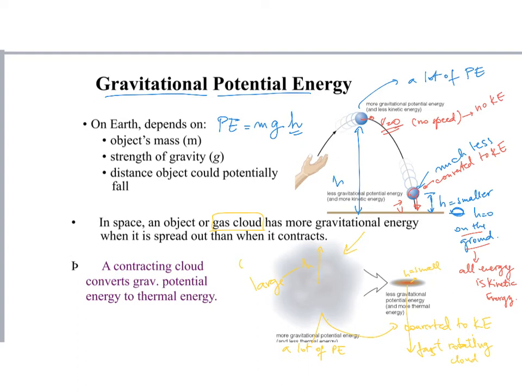This is a very weakly rotating cloud. So small kinetic energy, kind of cold temperature wise, so low temperature. Fast rotating, hot, high temperature. Interesting, isn't it?